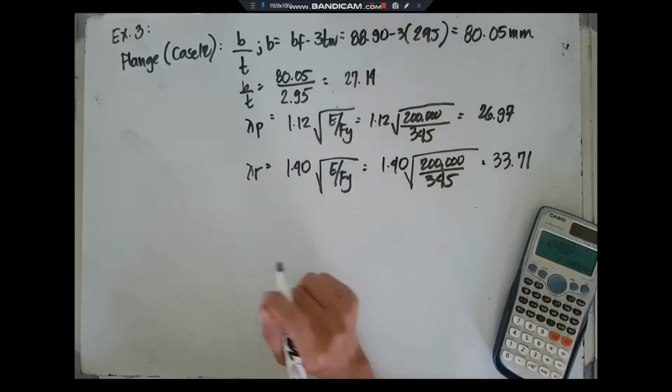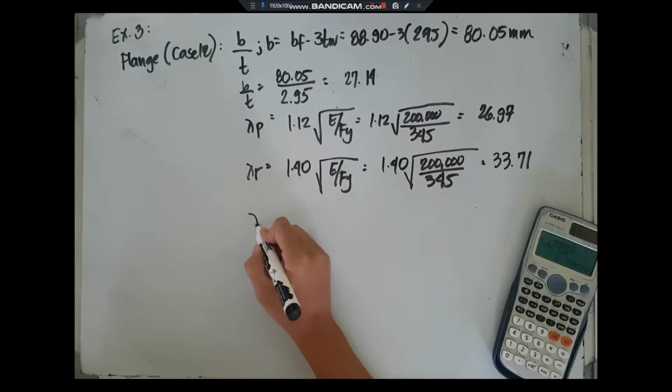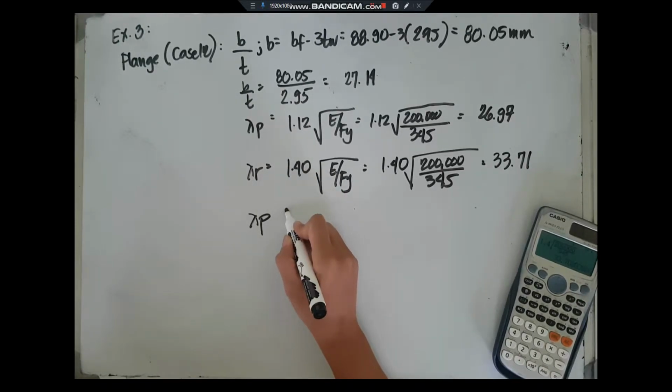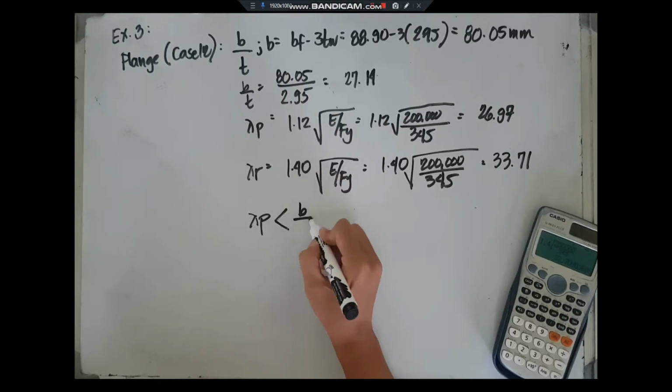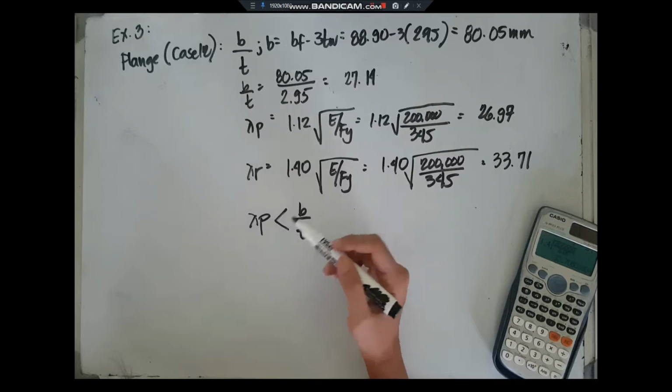And comparing the three values, our width thickness ratio is greater than our lambda p, but our lambda p is lesser than our lambda r.